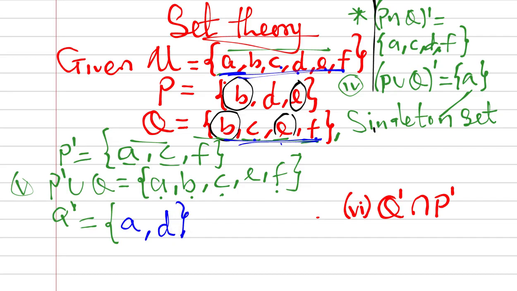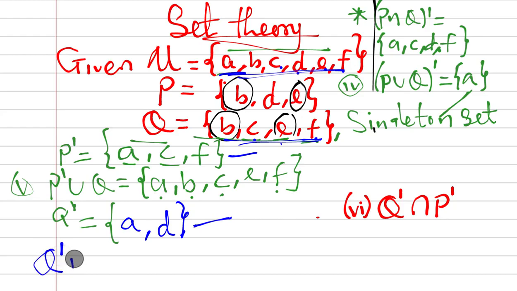Are you seeing that? So now you want to do the intersection of this and this. What does intersection mean? What is common between P prime and Q prime? It is Q prime intersection P prime, although it does not really matter since it is intersection.